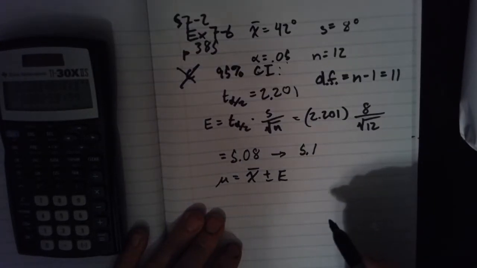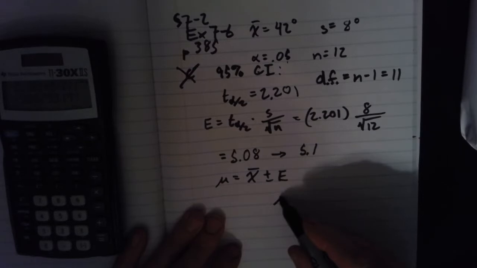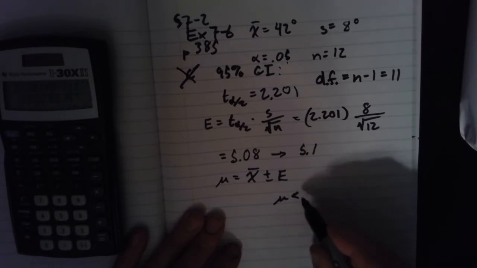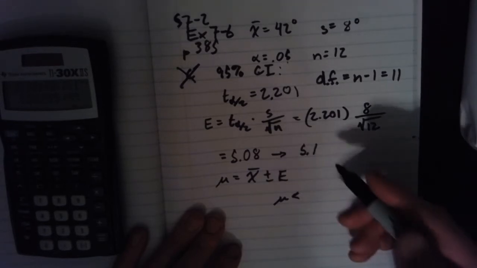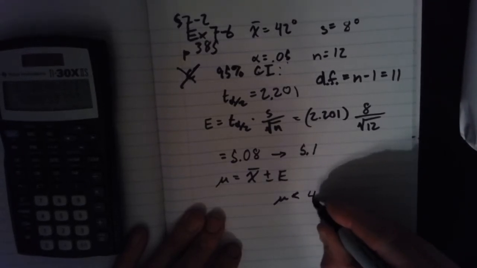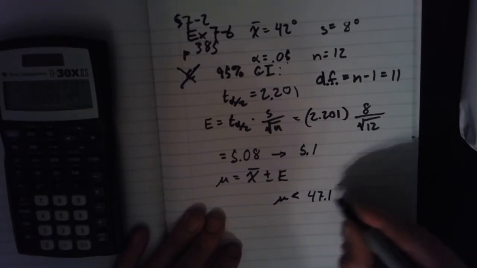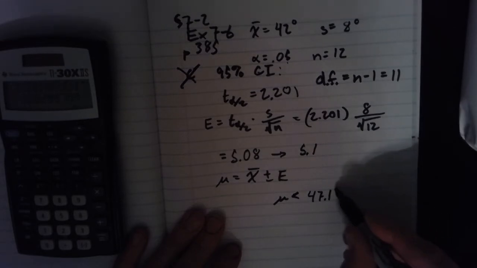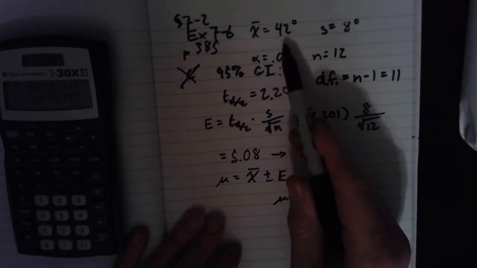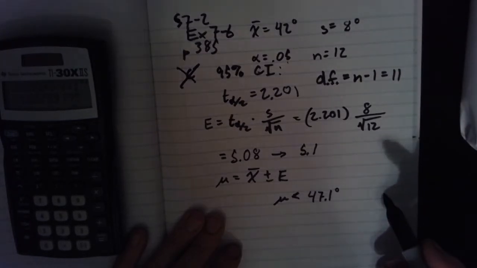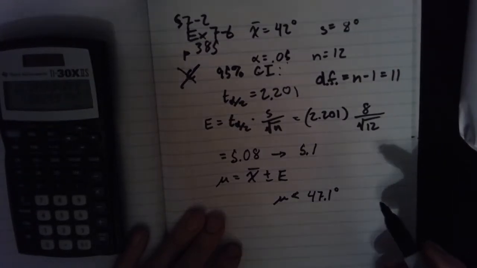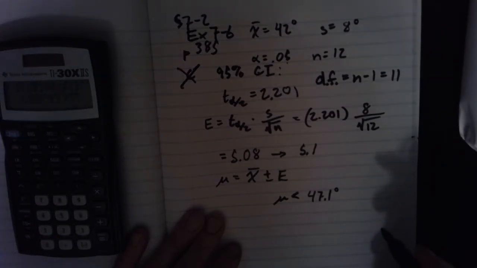So what that means for us is we'll take the average x bar plus 5.1, so that's 47.1. And then 42 minus 5.1, so that'll be something 46.9.